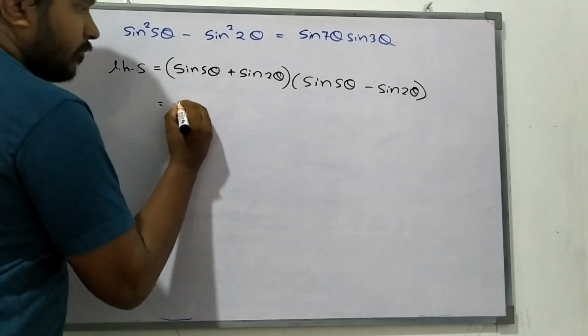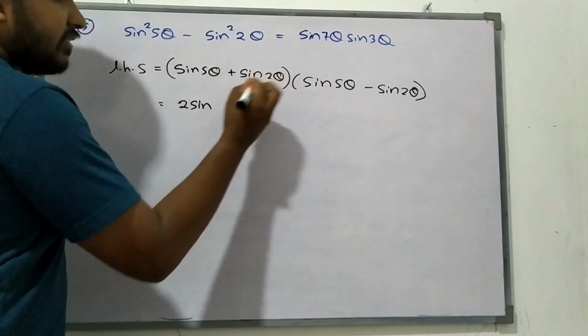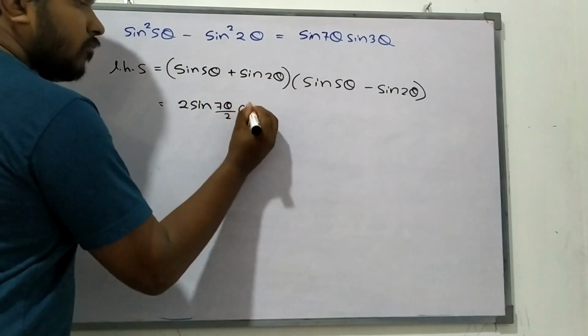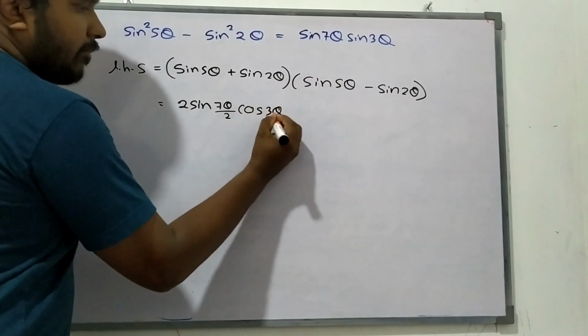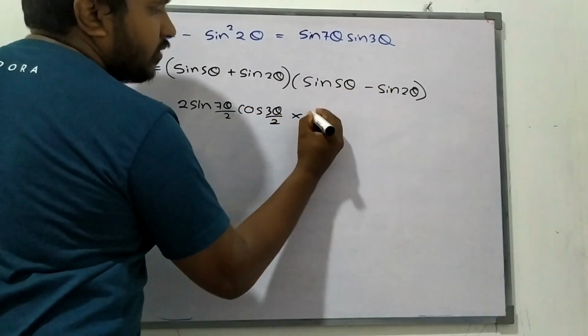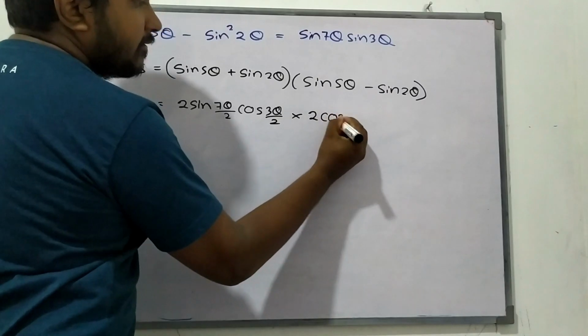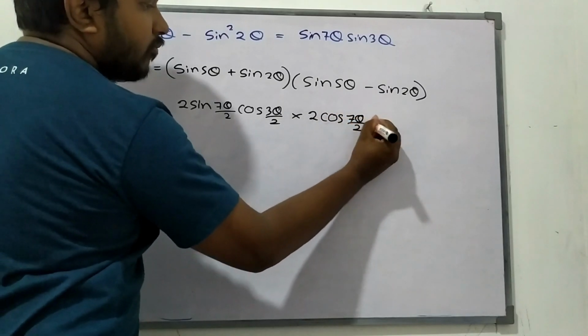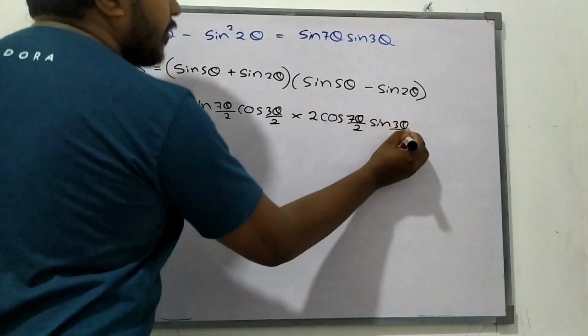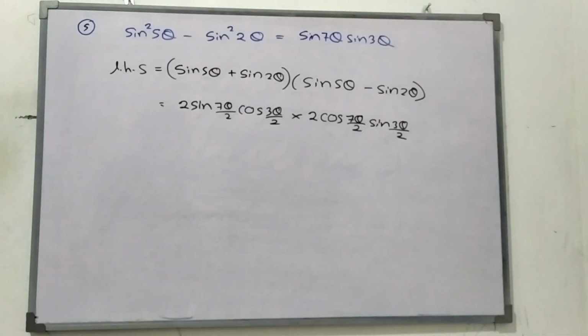These two, which is 2 sin addition 7 theta by 2 cos 3 theta by 2, and these two, it's 2 cos 7 theta by 2 sin 3 theta by 2, right?